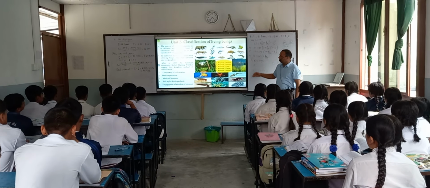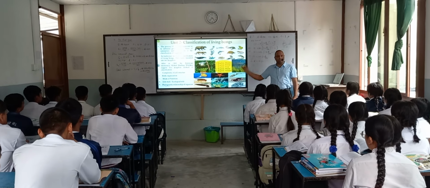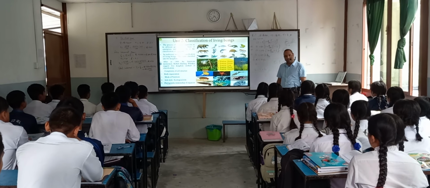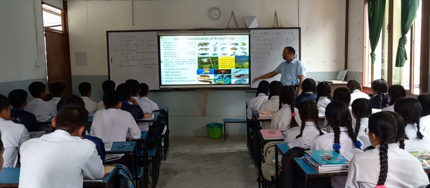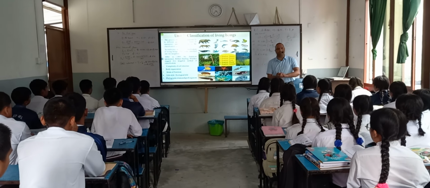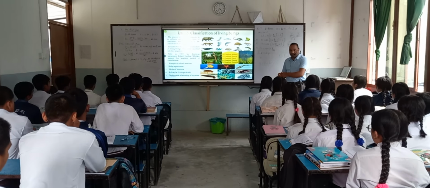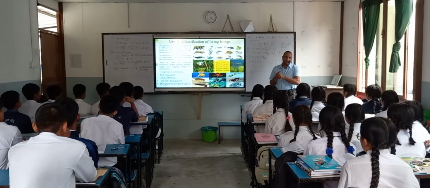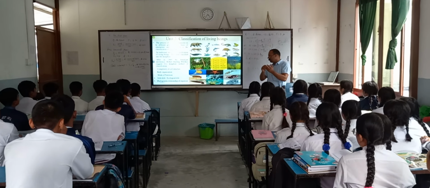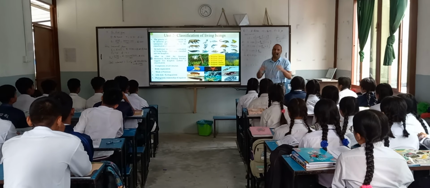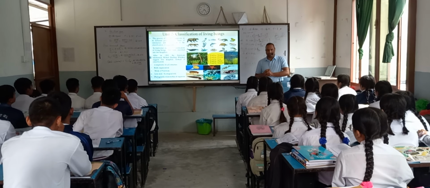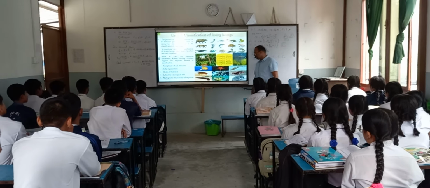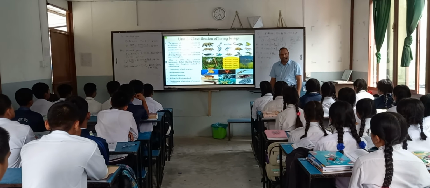Among them, the first is kingdom Monera, the second is kingdom Protista, the third is kingdom Fungi, the fourth is kingdom Plantae, and the fifth is kingdom Animalia. I hope you know that these three, Monera, Protista, and Fungi, were already discussed in grade 9. So in class 10, we will discuss the remaining two kingdoms.